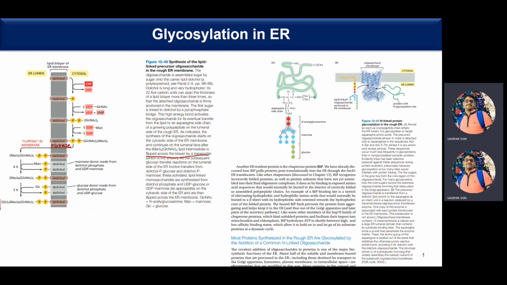Now this whole bunch of things, except the dolichol phosphate, is cleaved, and is attached through N-linked glycosylation to the asparagine group of a protein. So this is the N-linked glycosylation which happens in the ER lumen. The dolichol phosphate here acts as the base for this whole assembly.